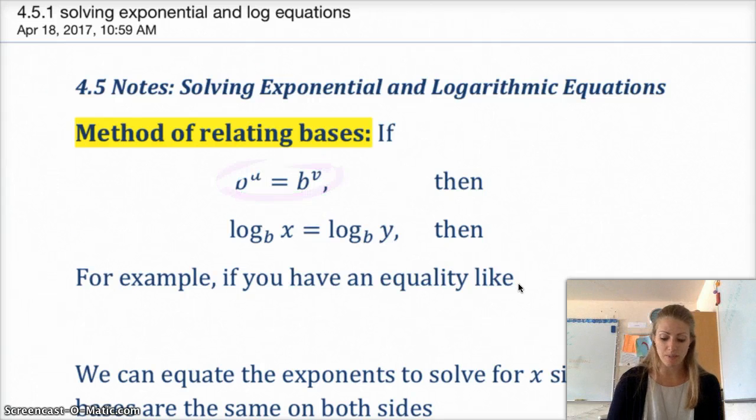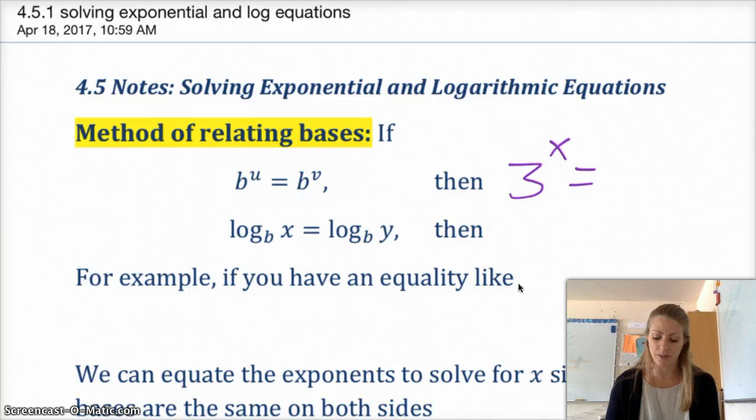For example, if I have 3 to the x equals 3 to the 7th, then x has to equal 7 because you have no other option. Your exponents have to be equal if your bases are equal.